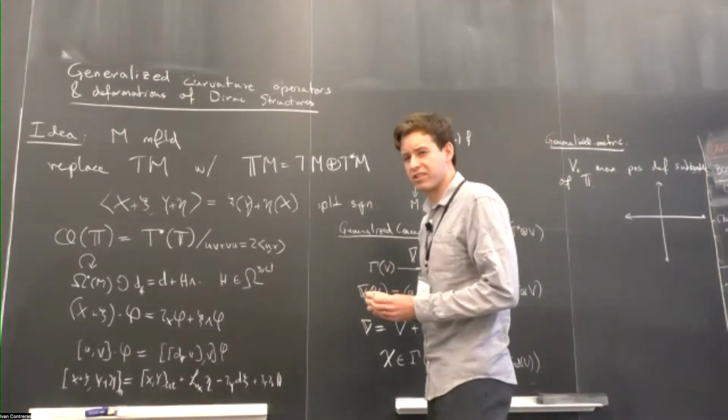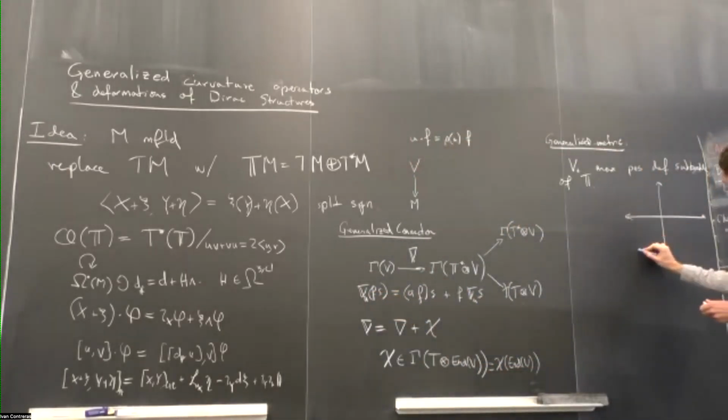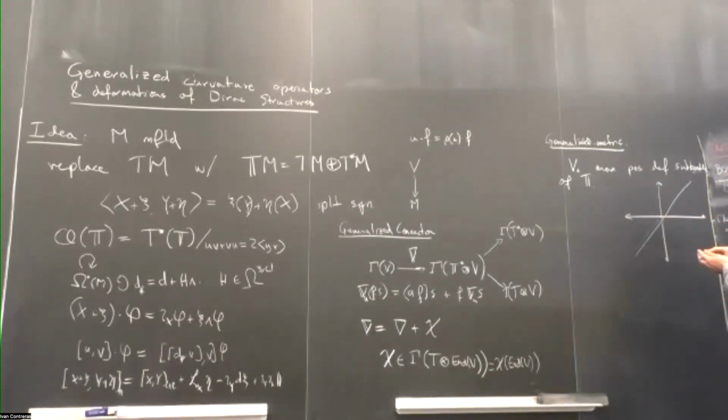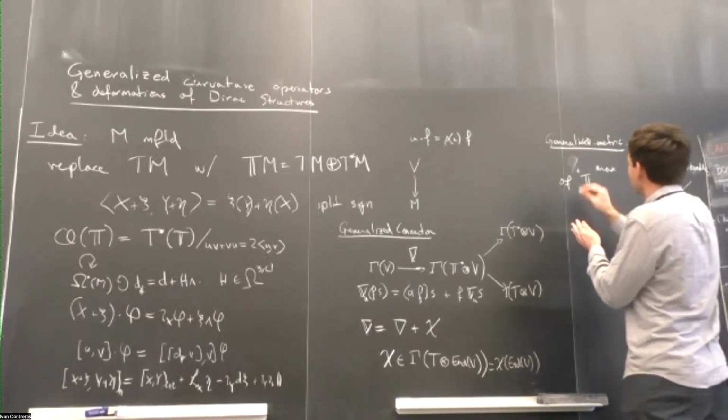So you have T and you have T star, and sitting inside here you have, actually let me not call it V plus, call it C plus.